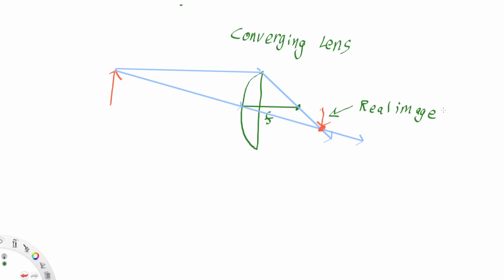And the reason we call it a real image is because the image is on the other side of the lens. Light enters from the left-hand side of the lens, and the image gets made on the other side of the lens. So the actual light rays that bounced off the actual object are making this real image on the other side of the lens.